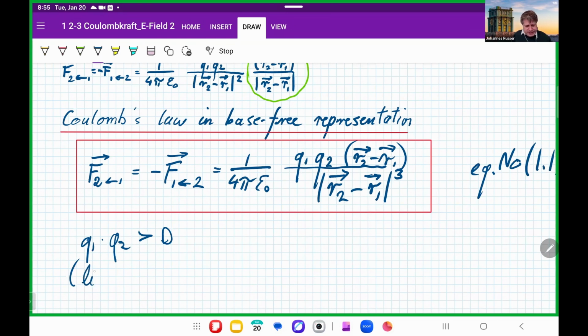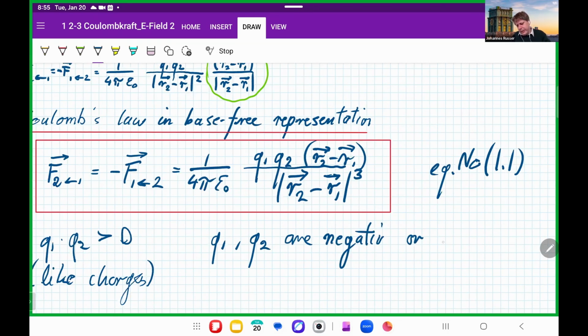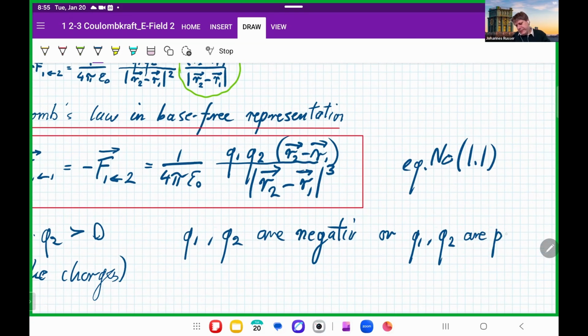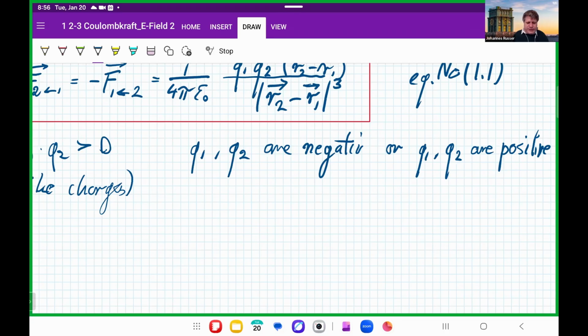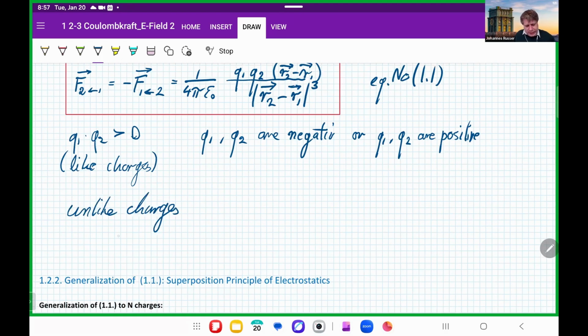That means we are dealing with like charges: Q1 and Q2 are both negative, or Q1 and Q2 are both positive. The other option is that we have unlike charges. It means that the product of Q1 times Q2 is smaller than 0.